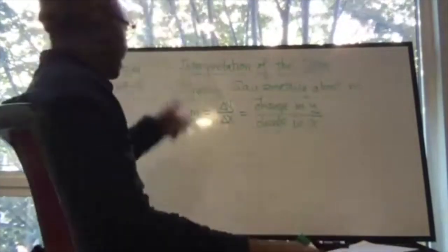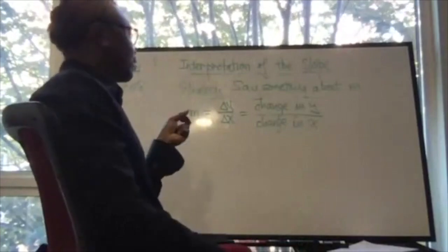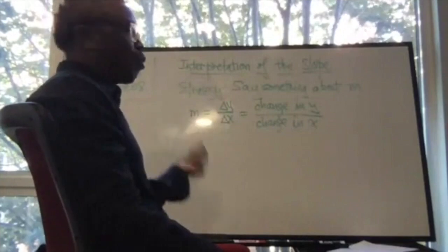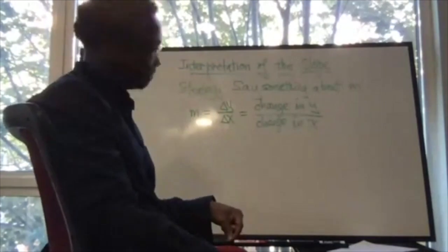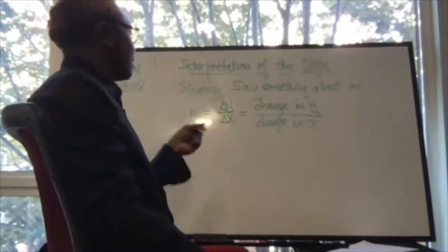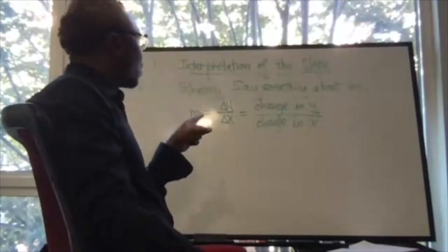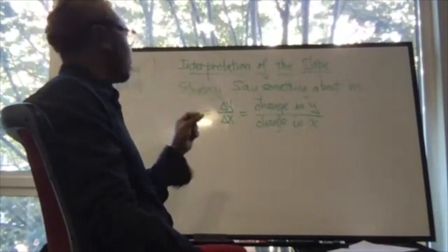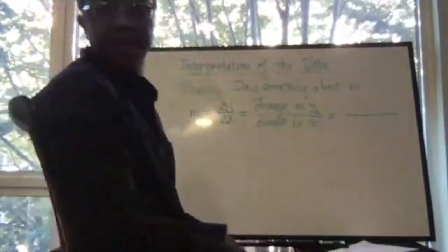Okay, so we're getting there. What I have to do, especially in this problem, or whatever problem you're dealing with, is remember what Y represents in the problem and what X represents in the problem. Now in this problem that we're considering right now, what did Y represent in the data we were looking at last week?